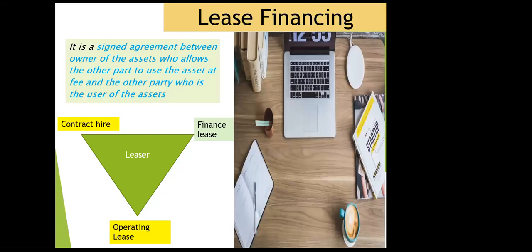Now, there is one that has become very famous now, very common in Africa. This is what is known as lease financing. This financing has become very common at the individual level as well as the company level. Basically, as a company, you might want to have access to certain assets, but not necessarily have that money at that given point in time.